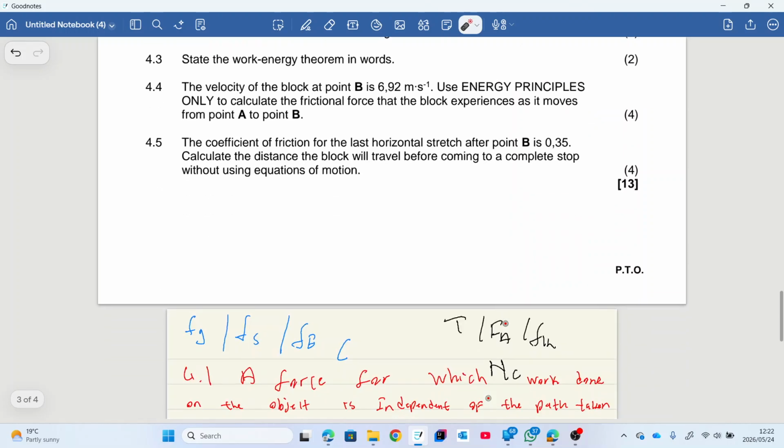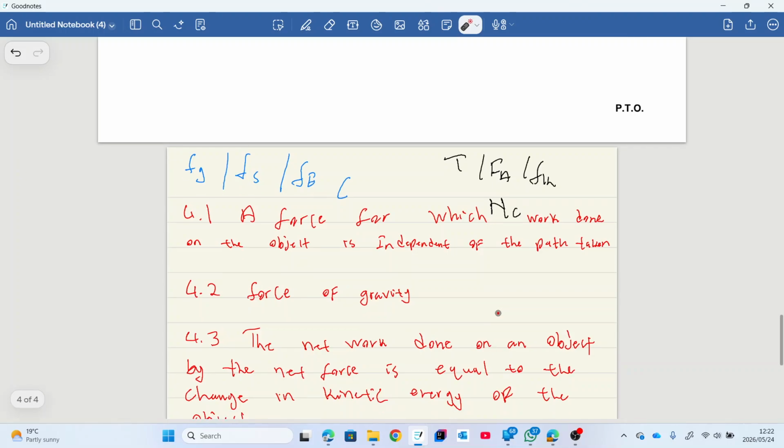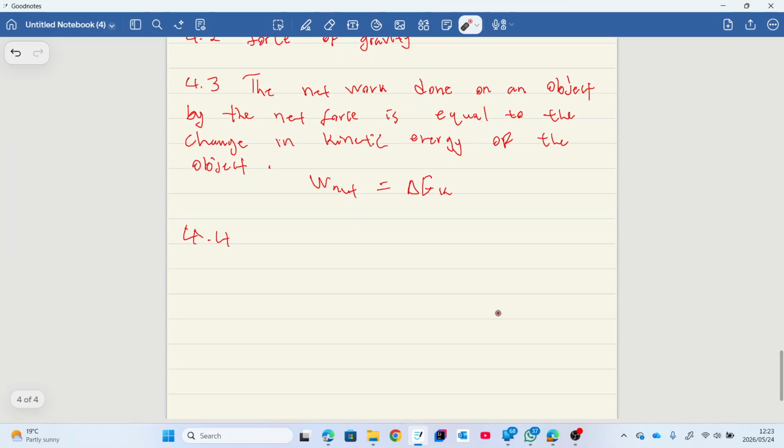Okay. So therefore, I'm going to make use of the formula for work done by non-conservative forces. Let me write with a black pen.